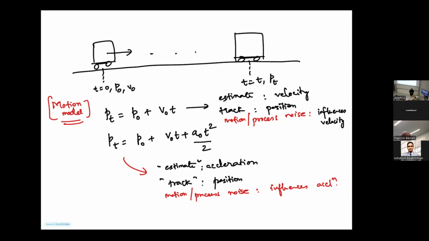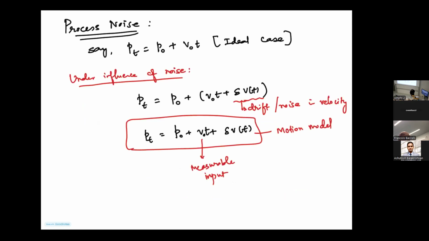So we can have both these examples I have mentioned here, because one is linear in time when we want to only measure the velocity at constant acceleration, and the other is non-linear in time. And in a very ideal scenario, when there is no noise, everything is good. So we have the ideal case, which is pt is p0 plus t times v0.